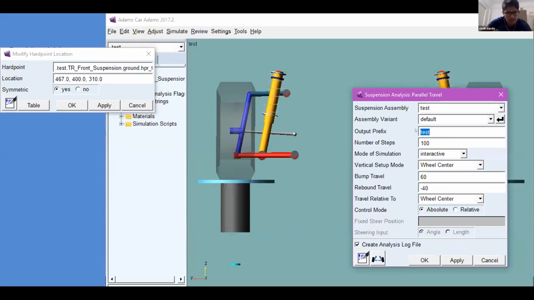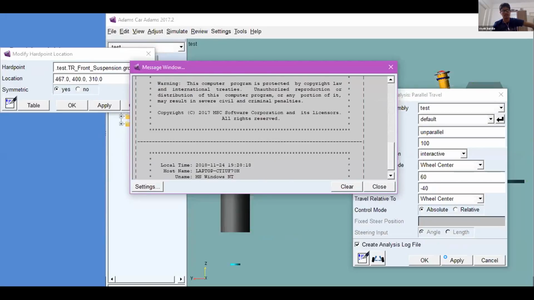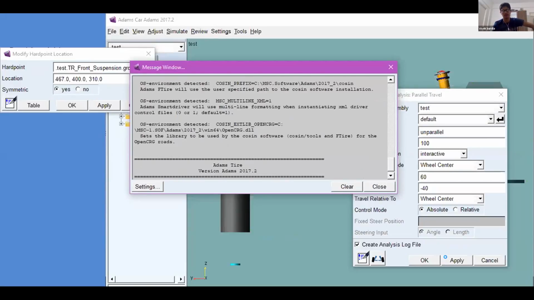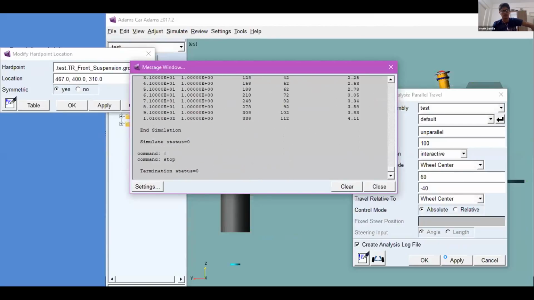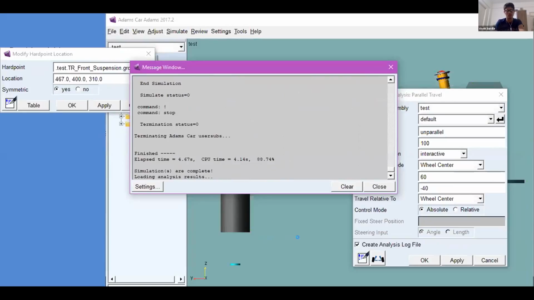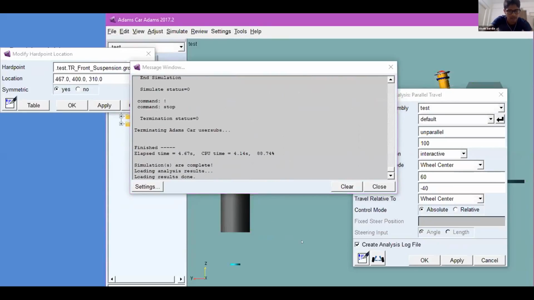So let's call this unparallel, and let's run the same simulation again and see how the toe characteristic has changed during parallel wheel travel. Understand that we would like to have zero toe, that is, to position the toe link correctly.